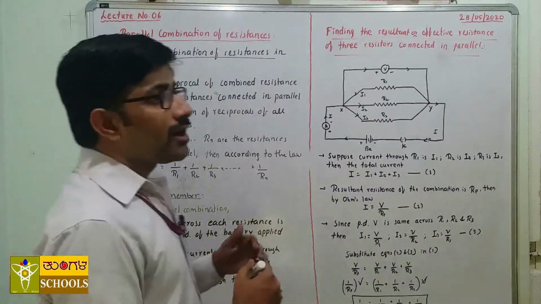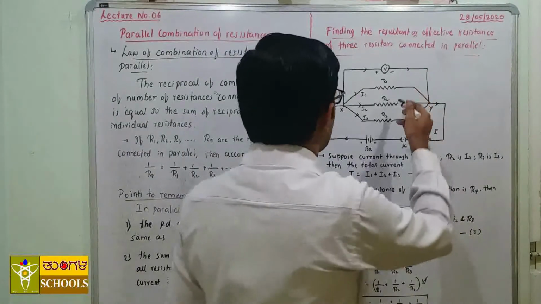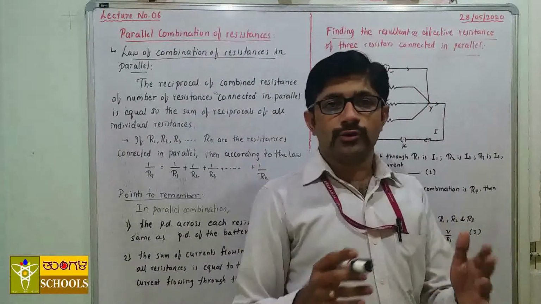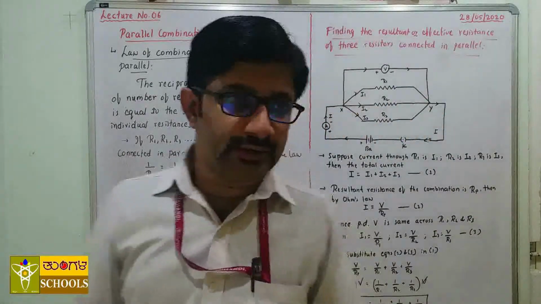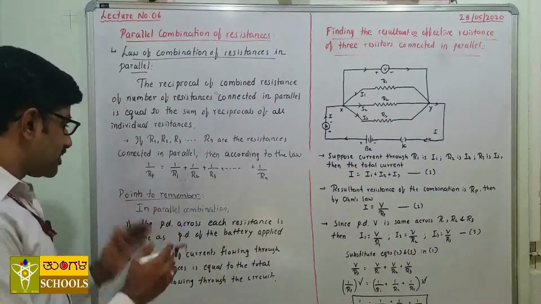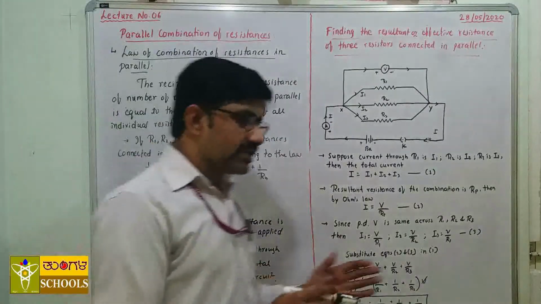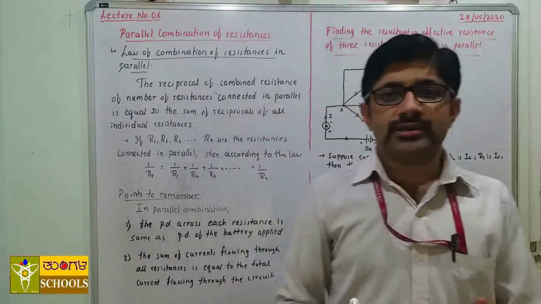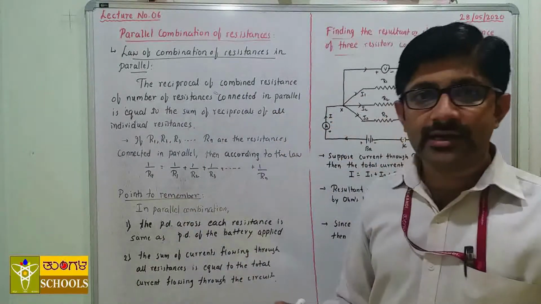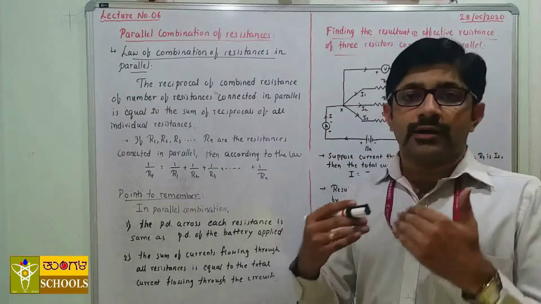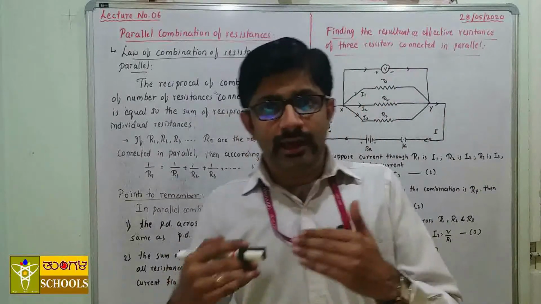Means if you have resistances R1, R2, R3, the current is going to distribute as I1, I2, I3 respectively. That's what it means. This is very simple. The potential difference in this combination is the same as the total, whereas the current across different resistors varies accordingly.